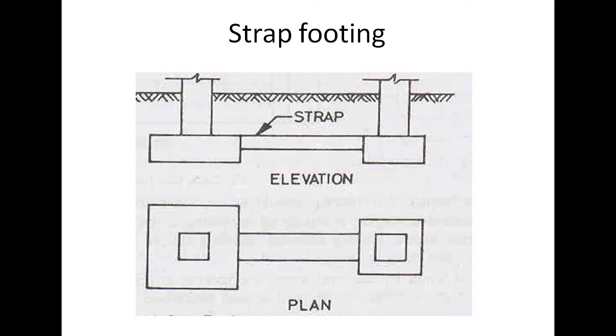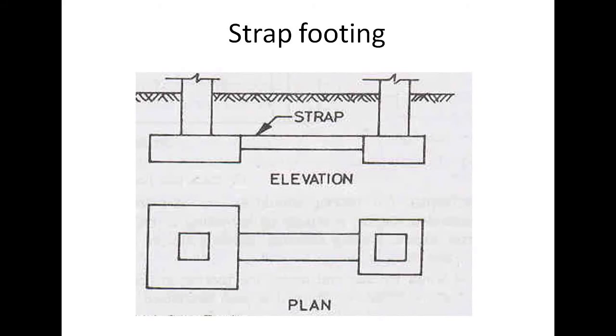The strap simply acts as a connecting beam and does not take any soil reaction. In this diagram we can see that two columns are connected by a strap, and two footings are also placed.